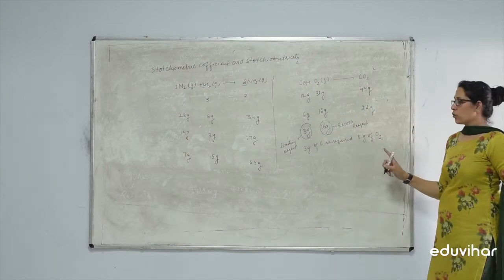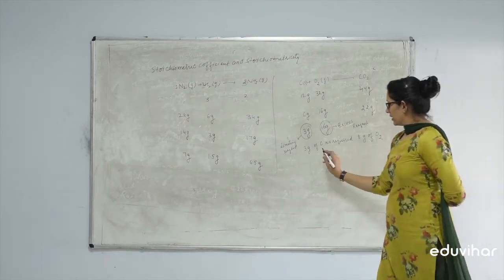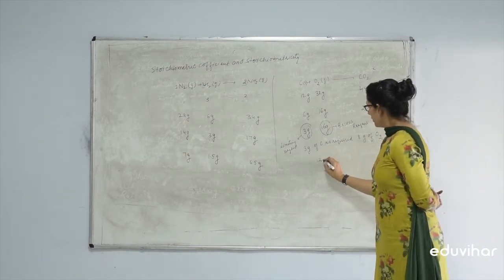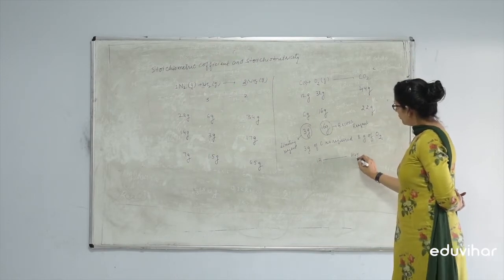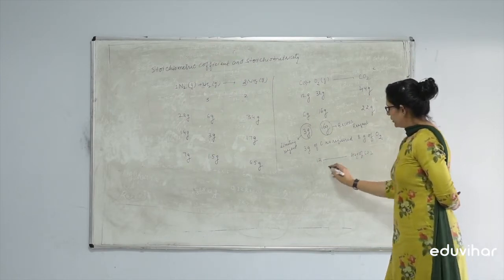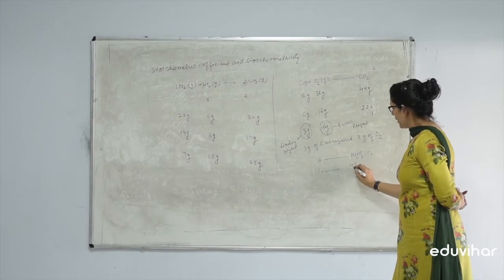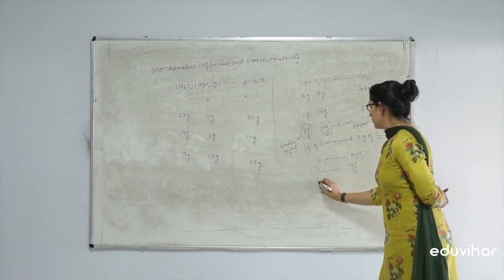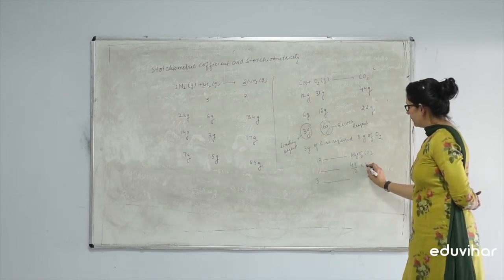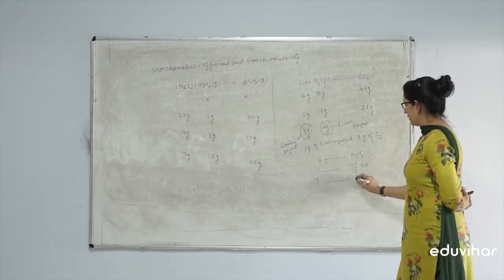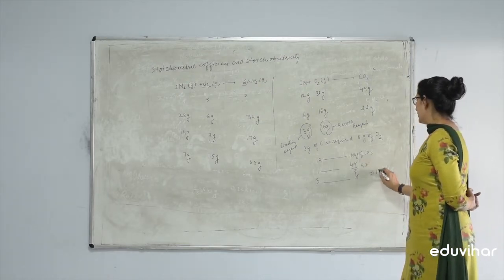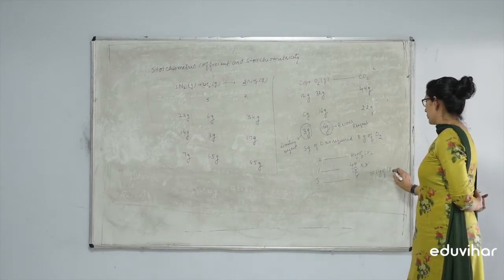So how much amount of CO2 is formed? If 12 gram gives you 44 gram of CO2, then 1 gram gives you 44 divided by 12, and 3 gram gives you, multiplying by 3, 11 gram of CO2.